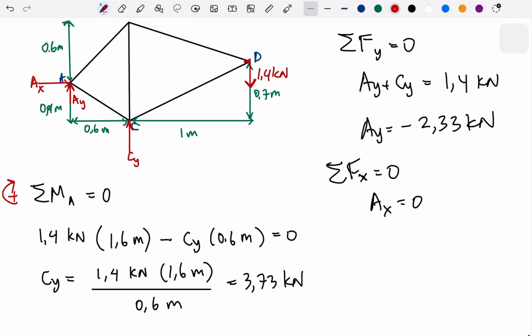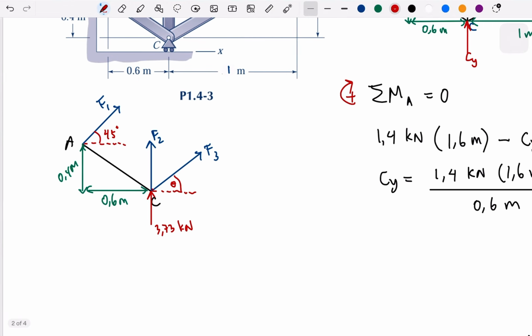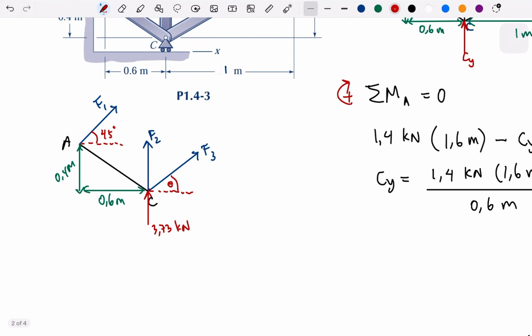So I will write downwards to make it positive. So we helping our computation here. So this will be Ay, which is 2.3 kilonewton. Now I think we have all, right?